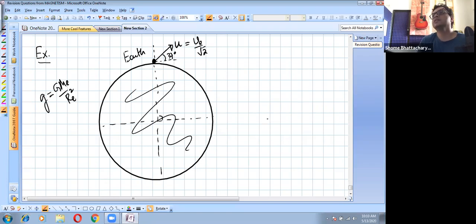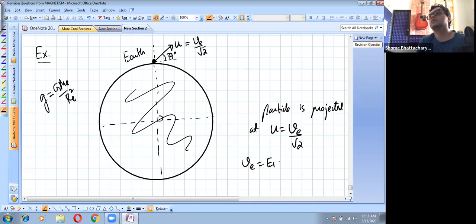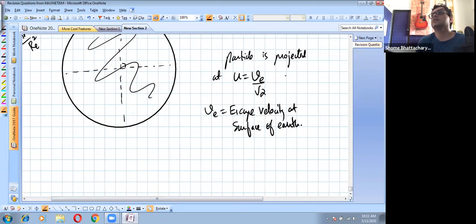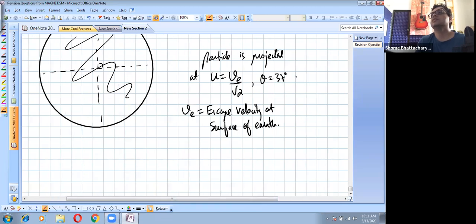Okay. So a particle is projected at u equal to escape velocity by root 2 at the surface of Earth. Okay. So it is projected at that velocity at theta equal to 37 degrees with respect to horizontal.